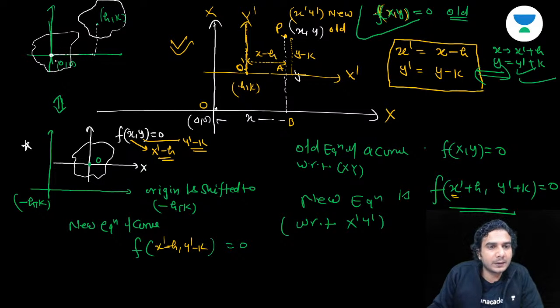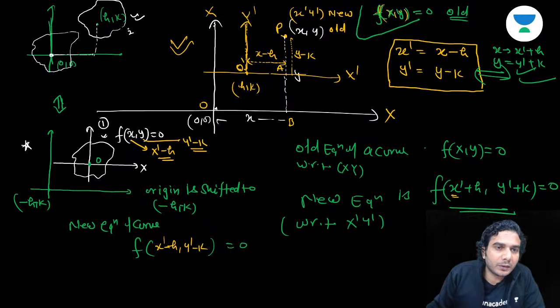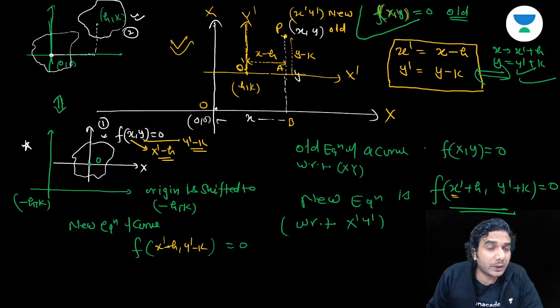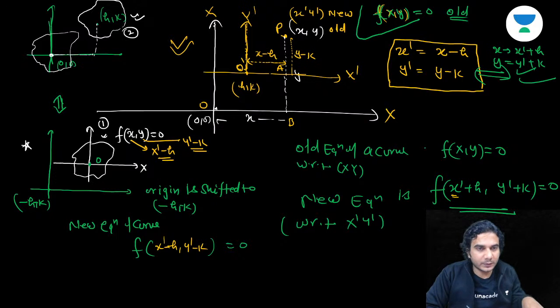Are you getting this? Can you see this one and this one? If I call this curve number 1 and this curve number 2, can you see curve number 1 and curve number 2 are exactly the same with respect to origin? They are looking exactly identical.